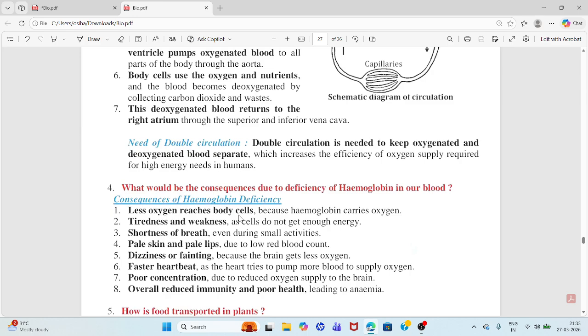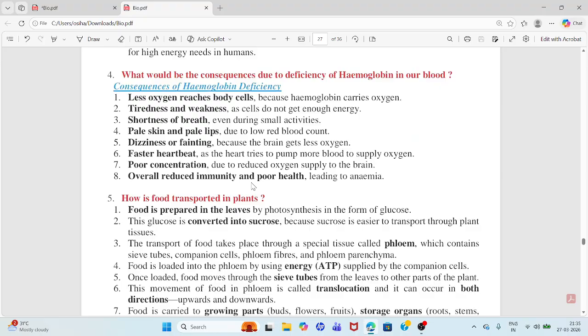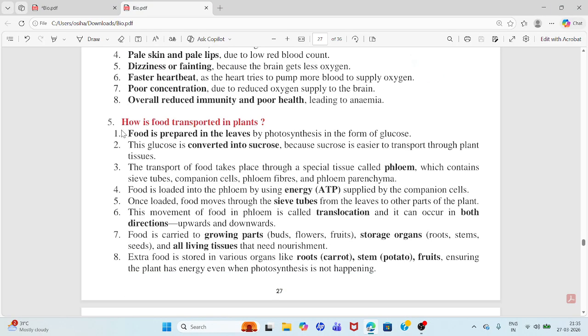Less oxygen reaches body cells, tiredness and weakness, shortness of breath, pale skin and pale lips, dizziness or fainting, faster heartbeat, poor concentration, overall reduced immunity, and poor health. These are the consequences.